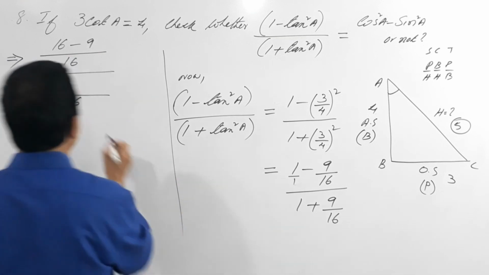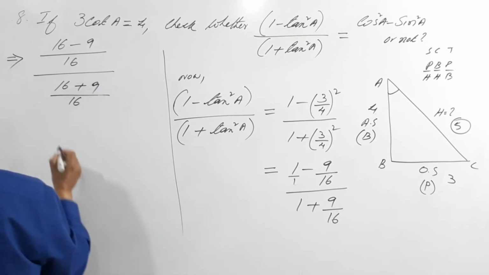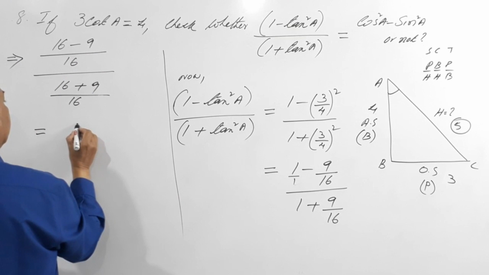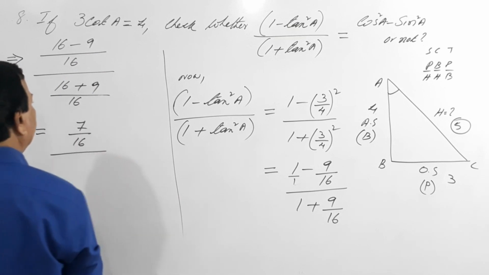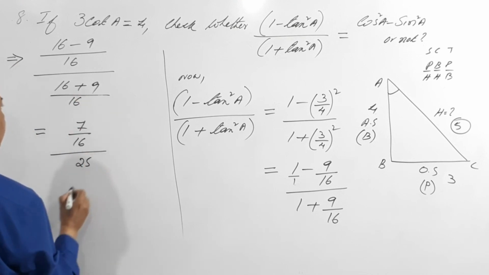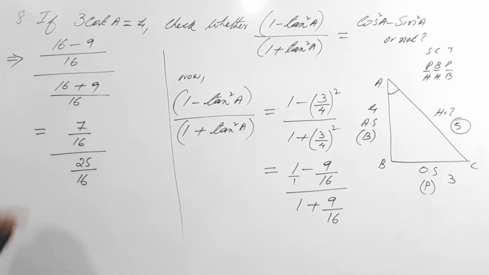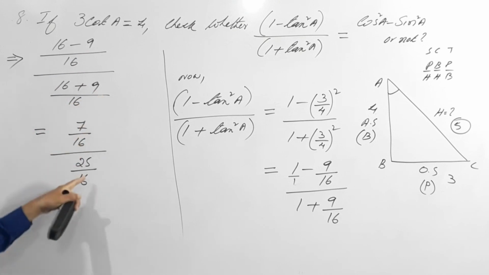So 1 goes 16 plus 9. What happens to this? 16 minus 9 is 7 by 16, divided by 25 by 16. So 16 minus 9 is 7 by 16 and 16 plus 9 is 25 by 16.